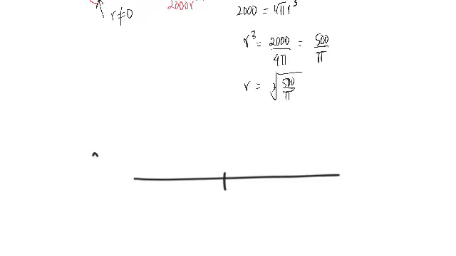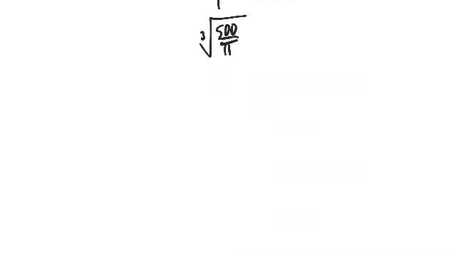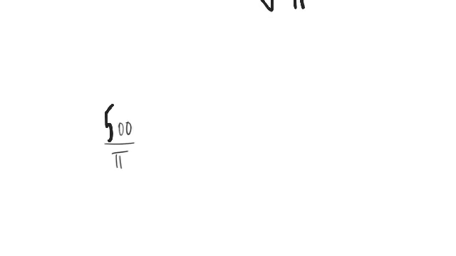So let's think about this now on our number line. If we've got the critical point right there, we need to think about s prime and make sure that this really is a minimum. Something that we sometimes have to do is estimate a number without a calculator, right? Here we have 500 divided by pi and the cube root of that. That's the exact number.